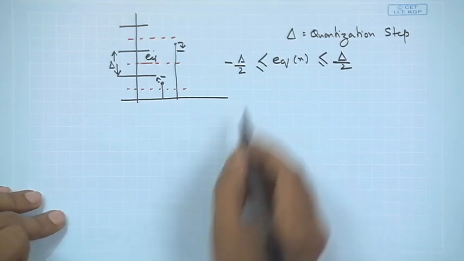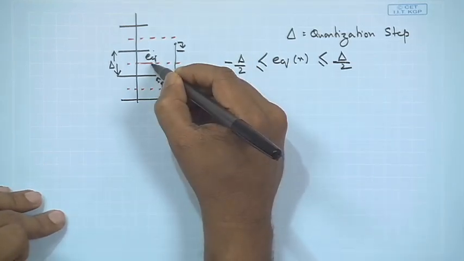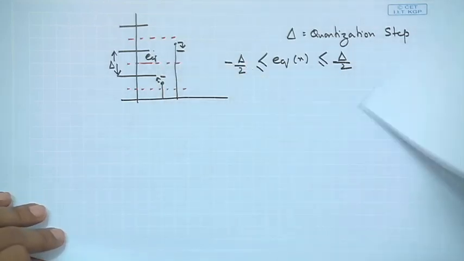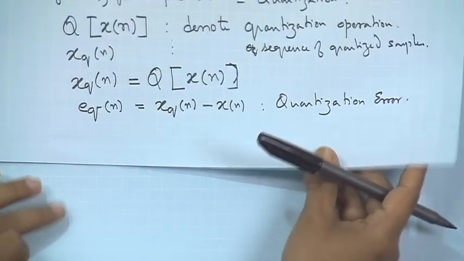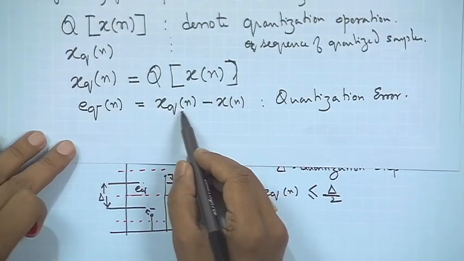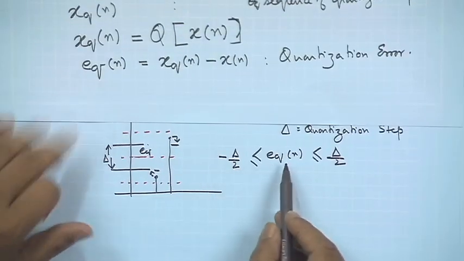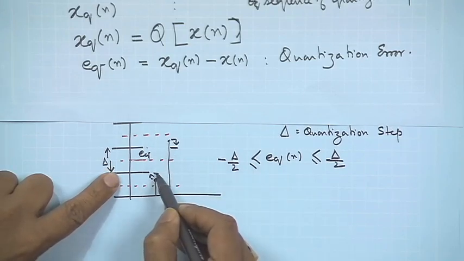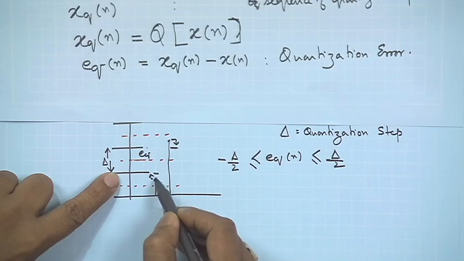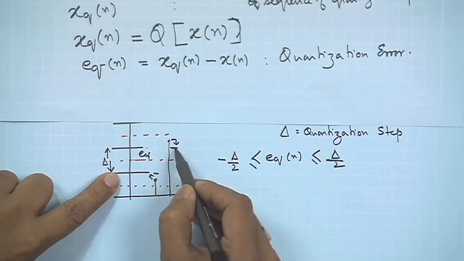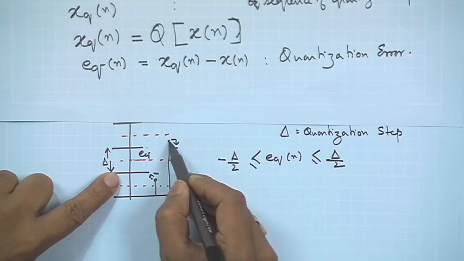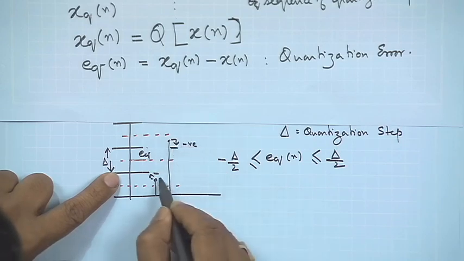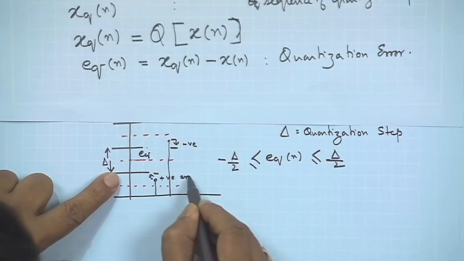That means either you are there or you are here, and going by our definition, quantization error is x_q[n] minus x[n]. So, you can clearly see over here, when x_q[n] is converted to this and x[n] is here, you have a positive value of the error, and when x_q[n] is here and x[n] is there, you have a negative value of the error. So, this is the negative and this is the positive error.